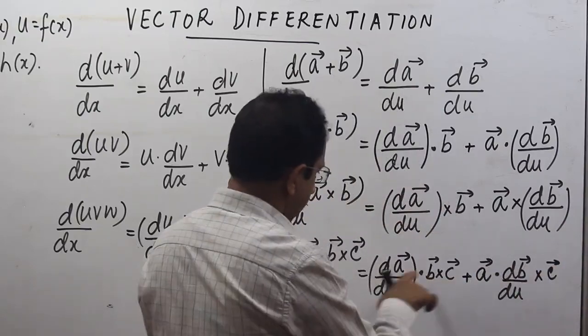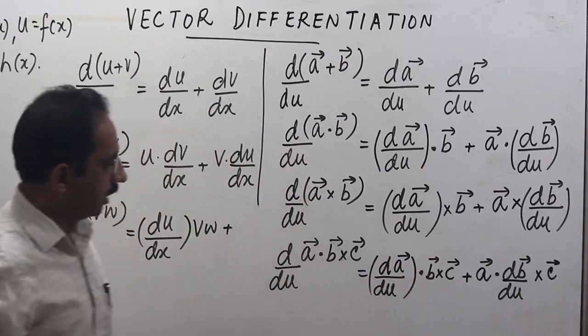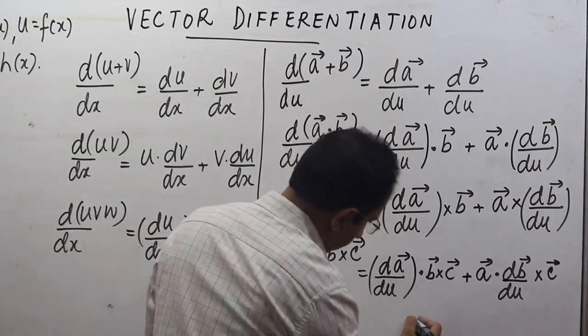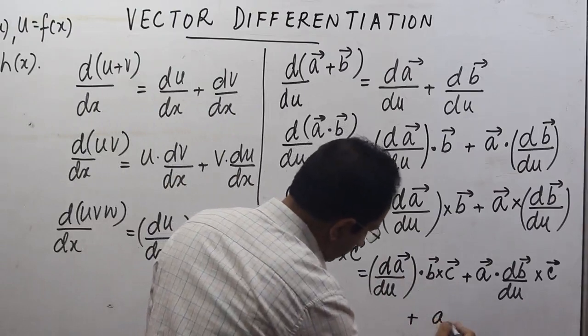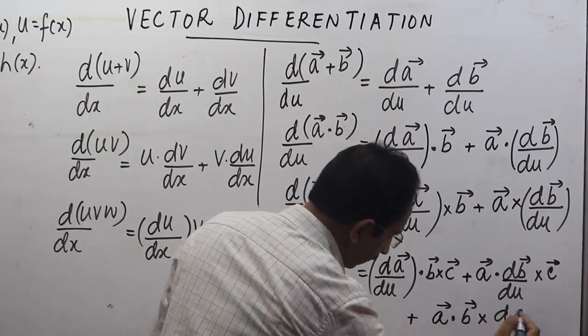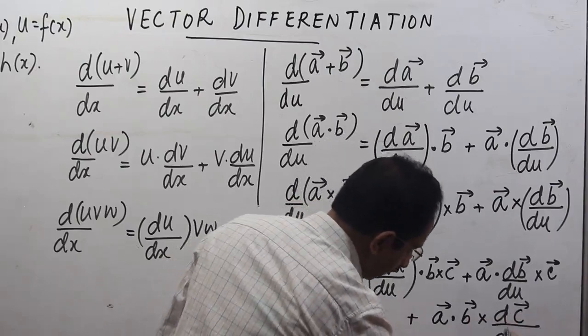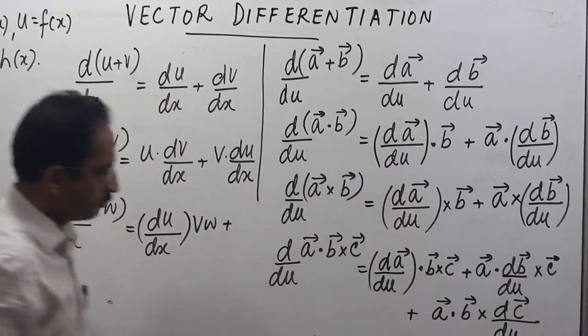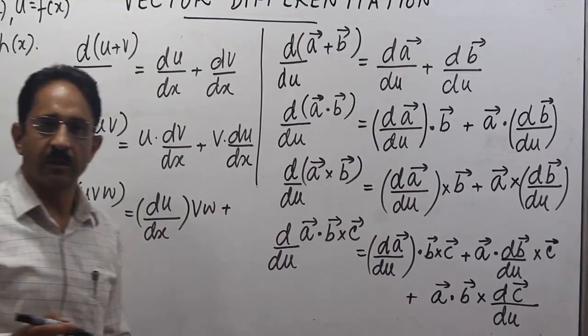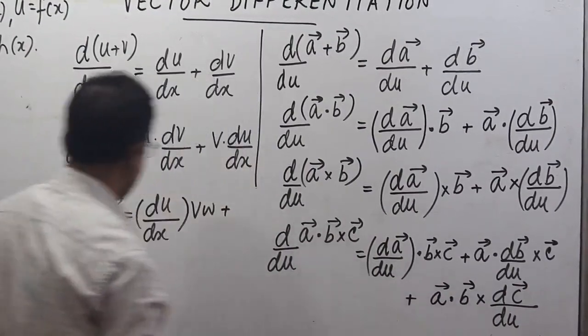So I am applying derivative to the individual terms one by one and adding the result. So I have a dot b cross derivative of c with respect to u. So this would be the result if it is derivative of scalar triple product a dot b cross c.